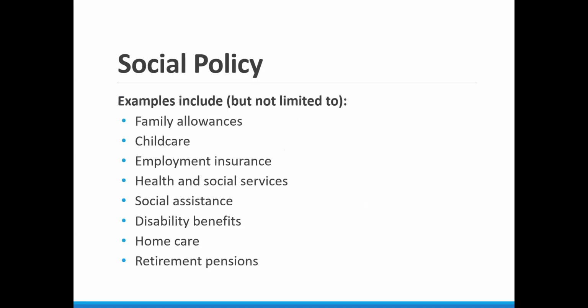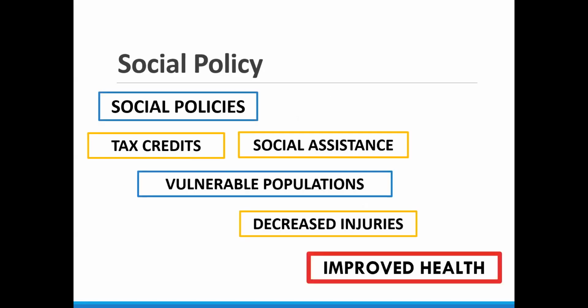Some examples may include childcare, employment insurance, health and social services, social assistance, home care services, as well as retirement pensions. There are probably many more that we're not listing here, but this gives you a snapshot of those that we've included.